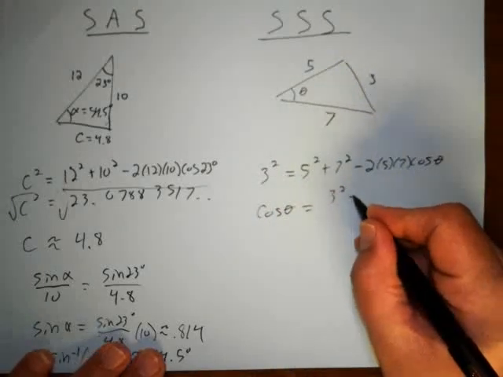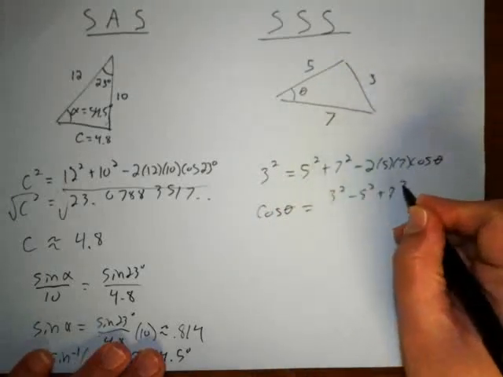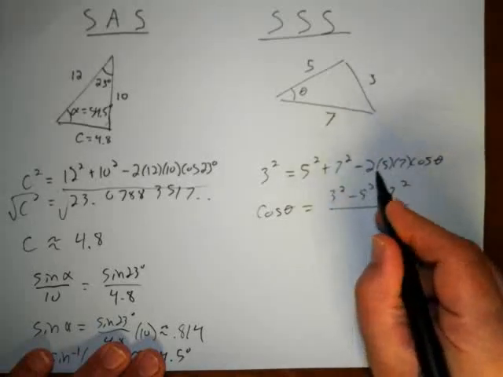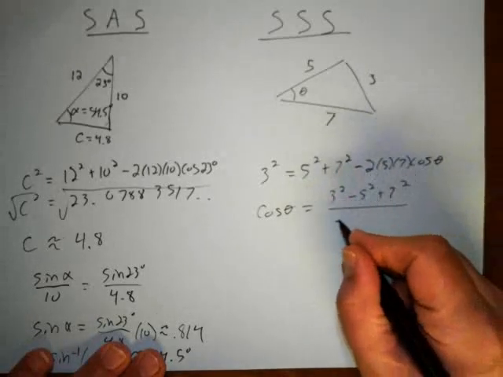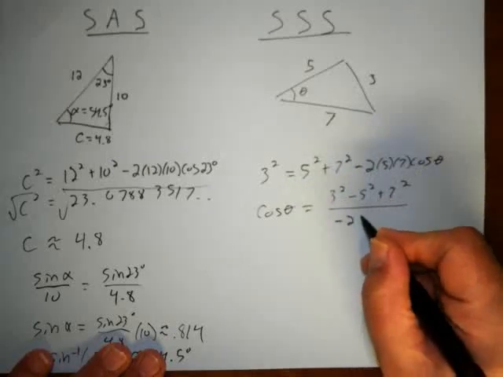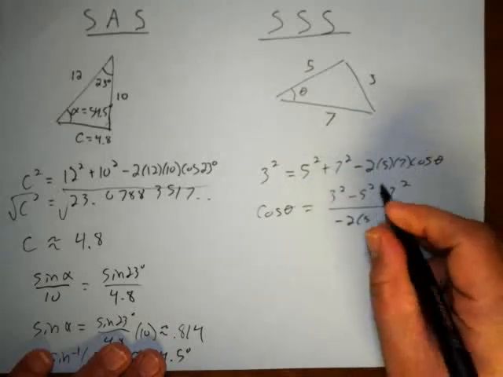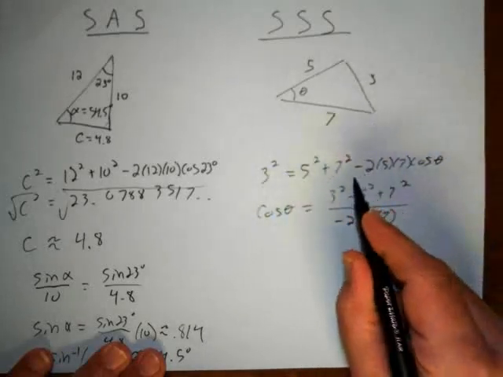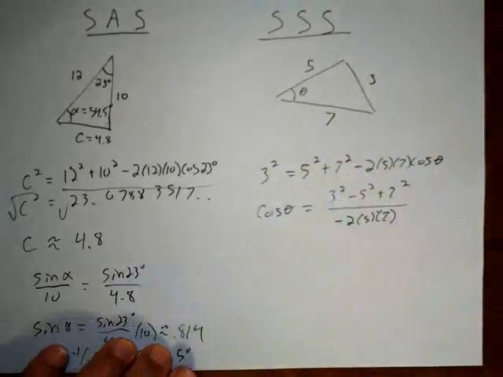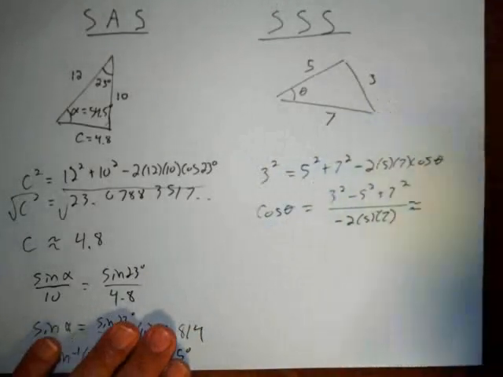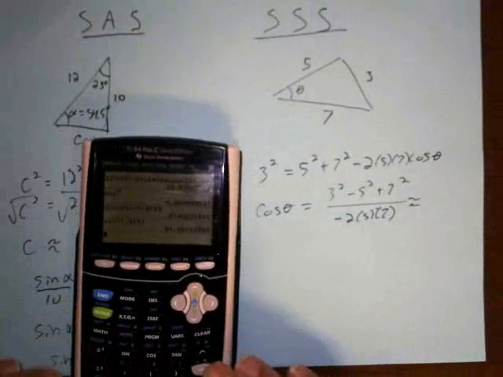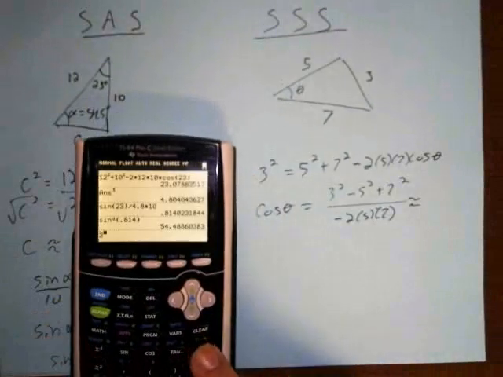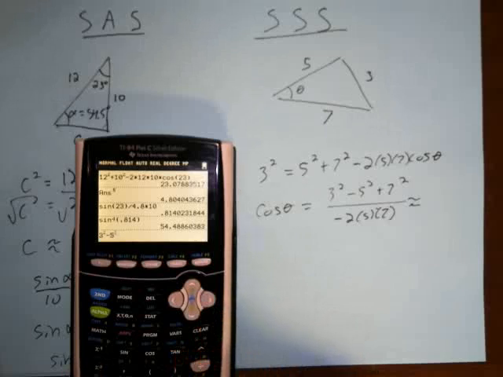So you get 3 squared minus 5 squared minus 7 squared, all over negative 2 times 5 times 7, which I divide by to solve for this.